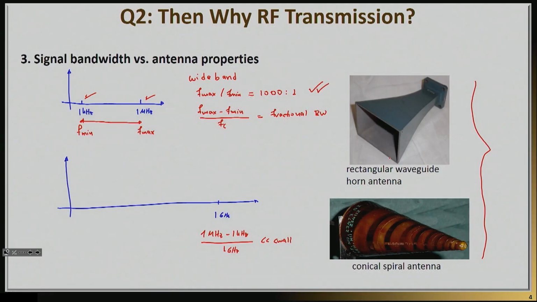So working with antennas that have very small fractional bandwidth, you're practically looking at a spectrum that looks something like this, just practically a single frequency, which means now I can use small dipoles, I can use small resonant antennas, life is good, and the system works really well. So the second reason why we go for RF transmission and not baseband is because typically our fractional bandwidth would be much, much smaller than if we were to do direct baseband transmission.